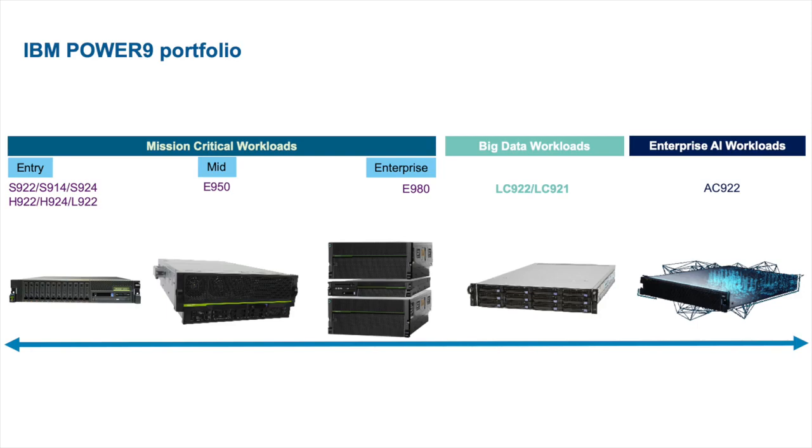The naming convention is similar to Power8, except some newer terms were introduced. For example, H stands for SAP HANA Optimized Server. AC stands for Accelerated Computing, S for Scale-Out Server, and E for Enterprise Scale-Up Server.